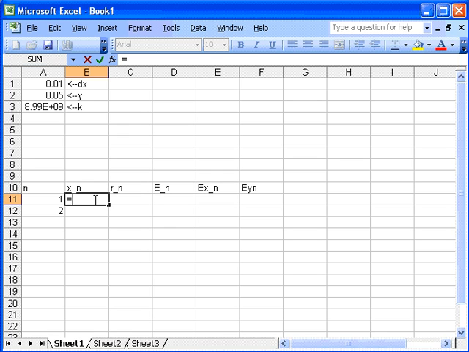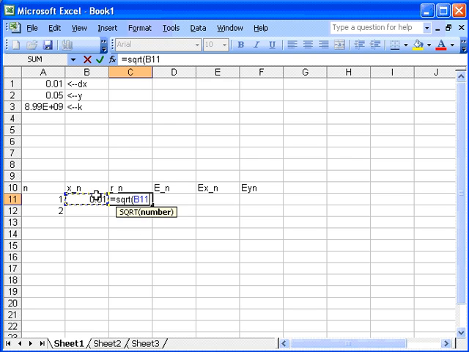The X sub N is equal to this times the delta X, which is at $A, $1 times $A, $1, using the dollars for absolute addressing, so when I copy it down, that part doesn't change, but this part, the reference to this guy next to it does.